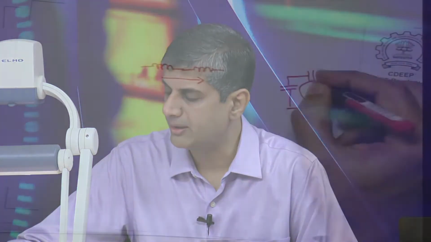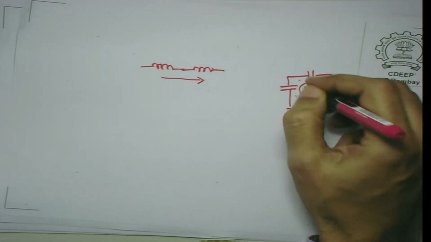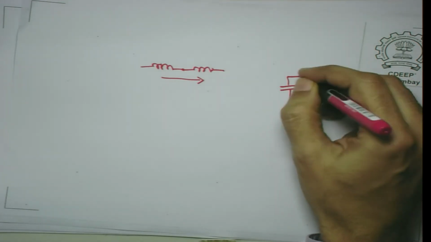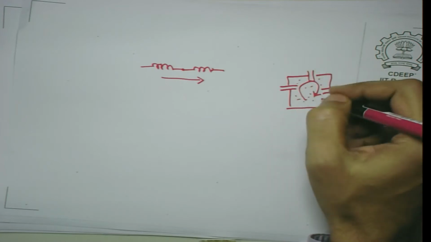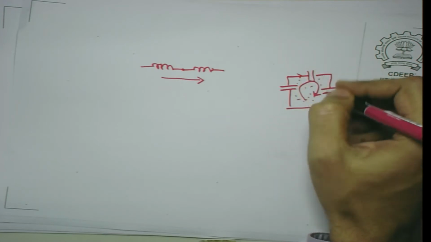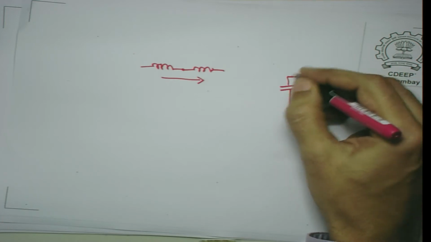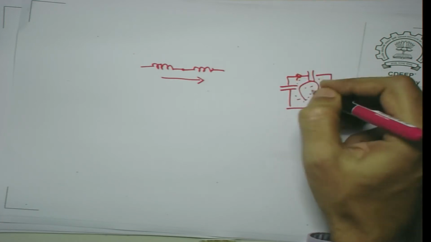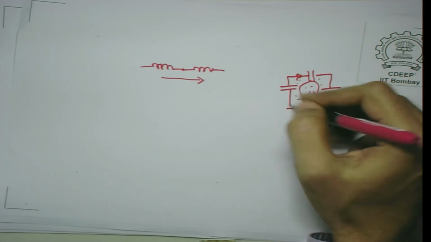Of course, you may argue that in real life there is no problem in doing that, because as soon as you make a loop, there is a change in B as soon as the current flows, and because of that you will have a voltage drop in this loop by Faraday's law, dependent on the rate of change of current. The current causes B, and the rate of change of B will cause the integral of E dot dl to be non-zero over this loop.